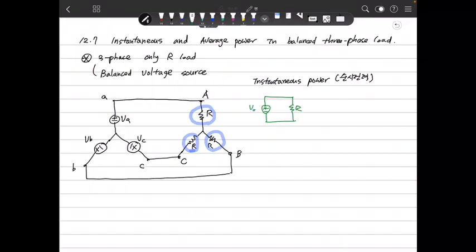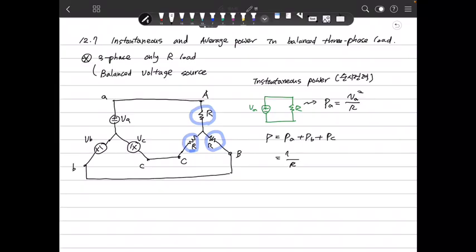This is RVA because this is balanced. Therefore, the power consumed here, PA, is RVA square.